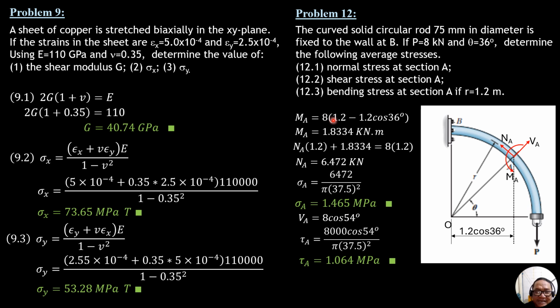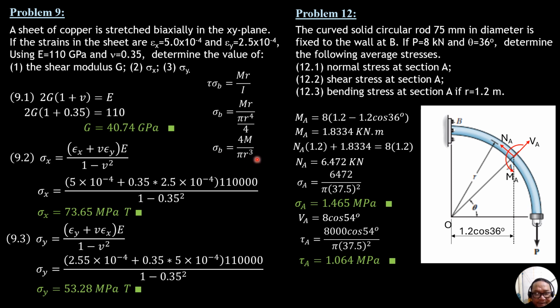Finally, bending stress at A is moment times y, which is the radius here, over moment of inertia of circular section. So moment R over I, where I is pi R to the fourth over 4. Therefore, the direct bending stress formula for circular section maximum is 4 times moment over pi R cubed.